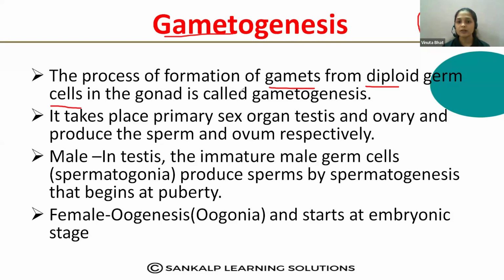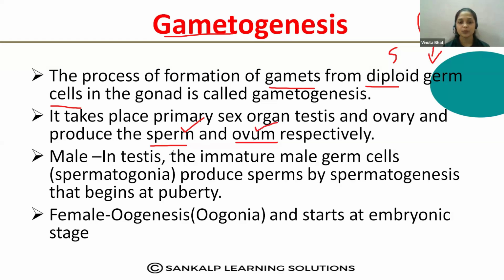From the diploid cells, haploid gametes are produced, and that is called gametogenesis. Males produce sperms and females produce the ovum. Sperm is the male gamete and ovum is the female gamete.